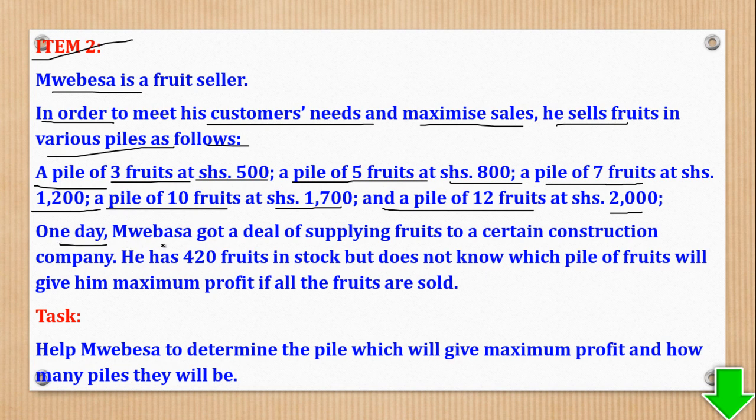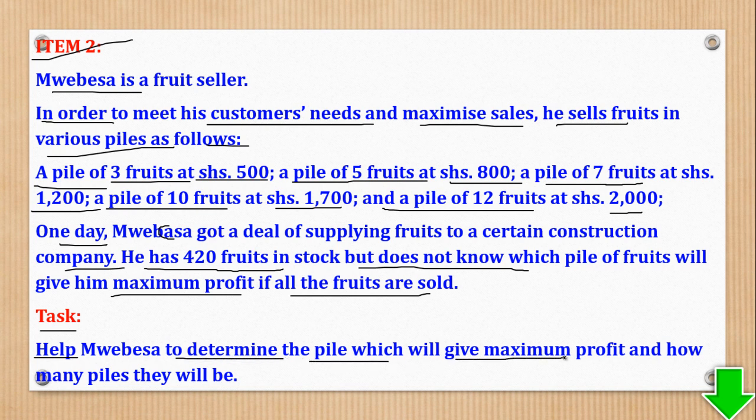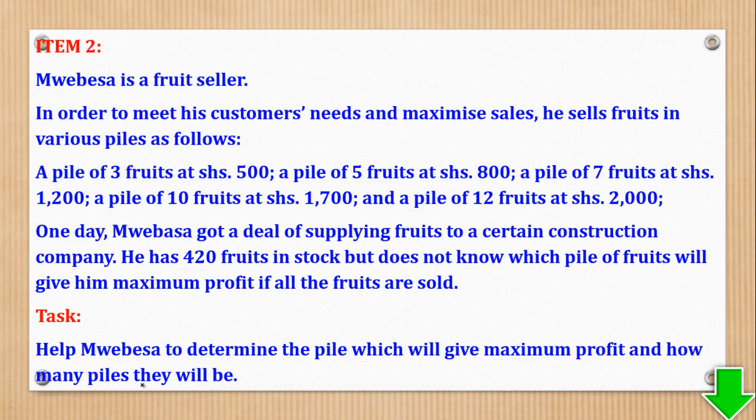One day, Mwebesa got a deal of supplying fruits to a certain construction company. He has 420 fruits in stock, but does not know which pile of fruits will give him maximum profit if all the fruits are sold. The task: help Mwebesa to determine the pile which will give maximum profit and how many piles there will be.